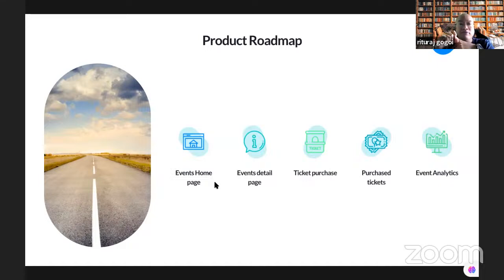So we wanted to be ready with our platform by the time people were looking for opportunities to go out and let down their hair and have a good time. So we decided that because we had the maximum traffic on Android and iOS applications, we wanted to make sure that we at least had the events homepage ready for our Android and iOS apps. So that was the first important milestone on the roadmap.